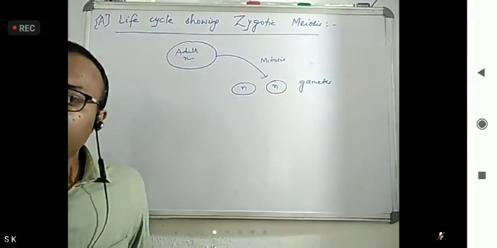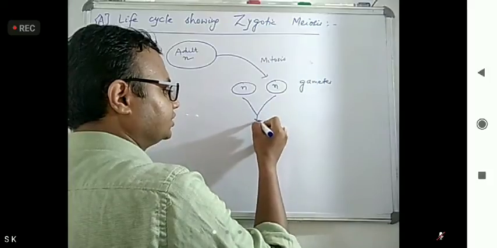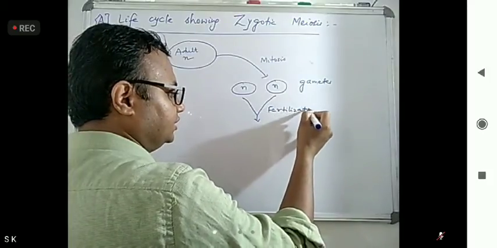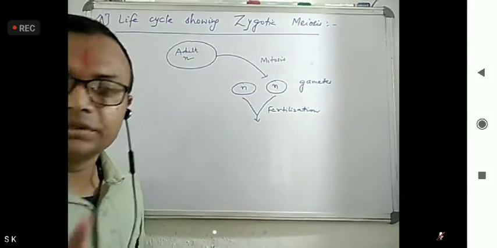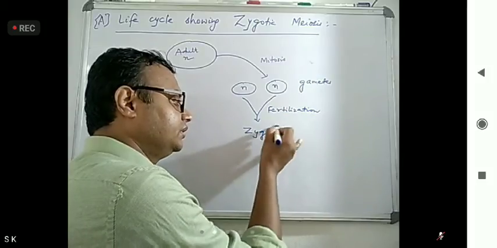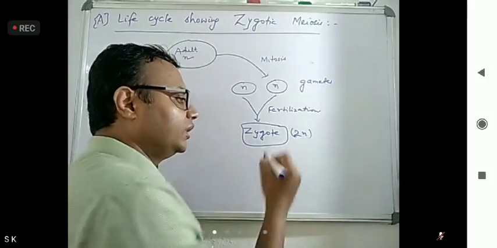Then fertilization occurs, forming a zygote, and this zygote is 2n.